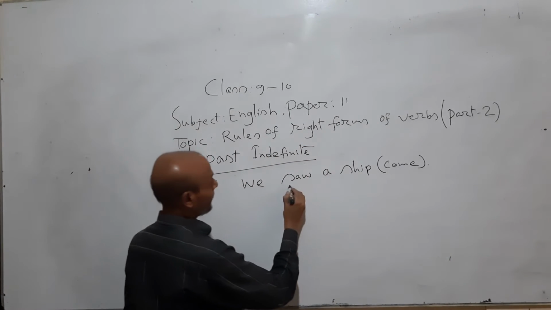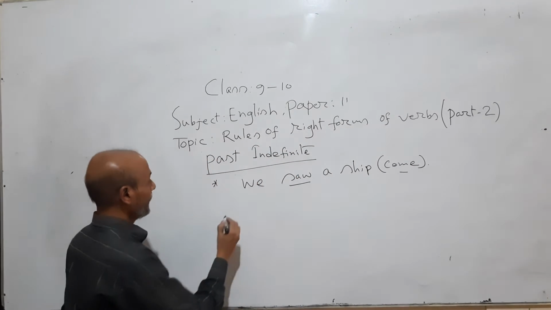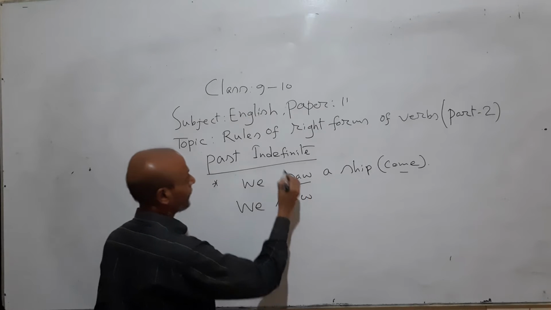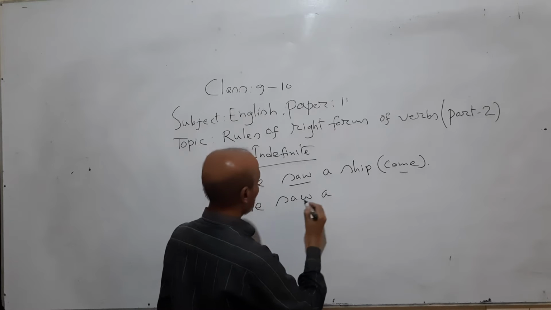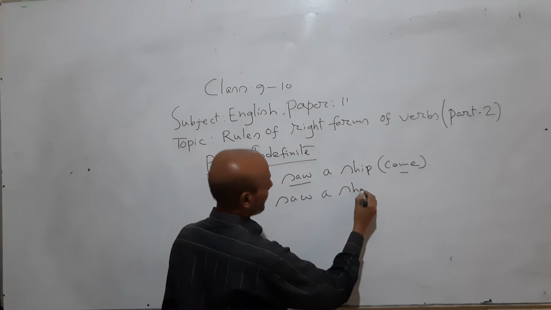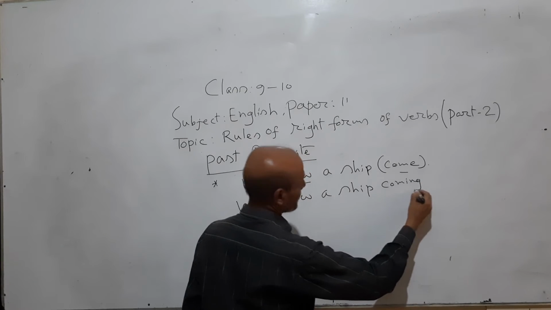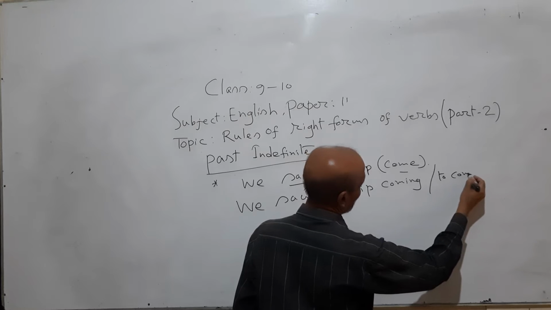So there are two verbs, saw and come. This is a simple sentence. You have to write according to the rules of right form of verbs. We saw a sheep coming, or you can write to come.